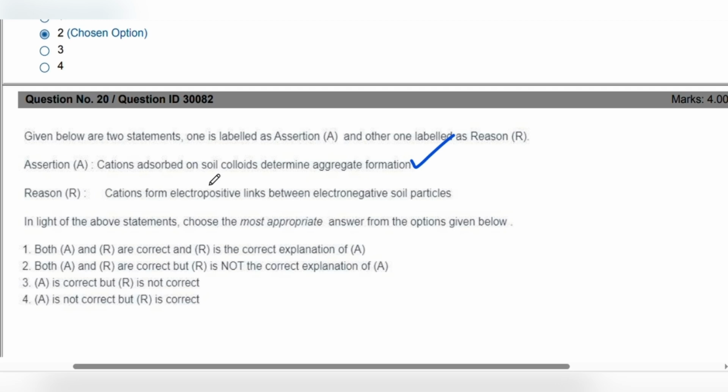Sodium ions have a very high hydrated radius as it contains a big hydration shell, and thereby it increases the zeta potential and results in repulsion of soil colloidal particles, which results in deflocculation or dispersion of the soil, which is the major problem in sodic soil. Fine.